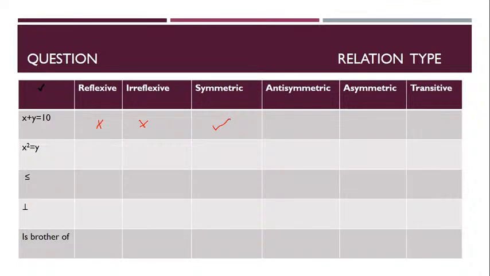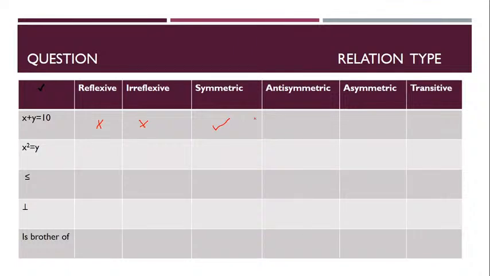Yes, symmetric is saying self loops are allowed. So 2 plus 8 means 8 plus 2. 3 plus 7 means 7 plus 3 as well. 1 plus 9 means 9 plus 1. 0 plus 10 means 10 plus 0. So the AB, BA relation is all coming true. So that's why this is symmetric.